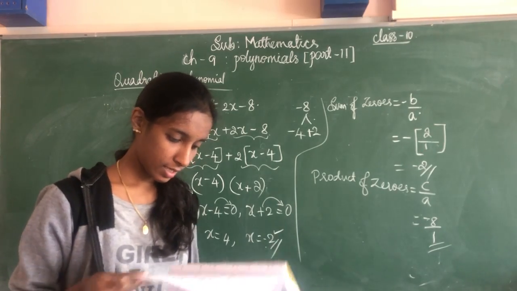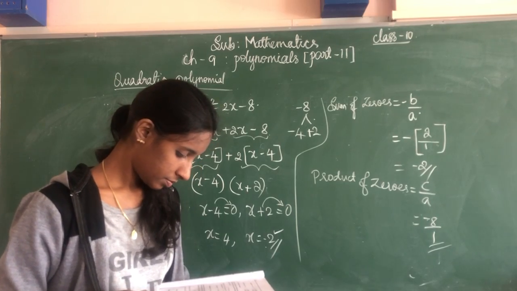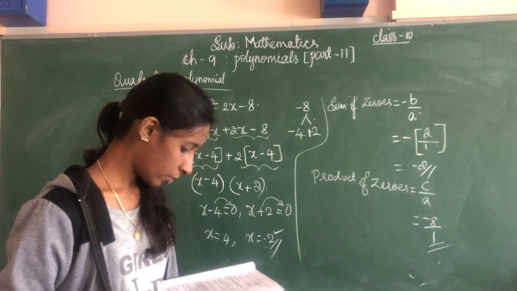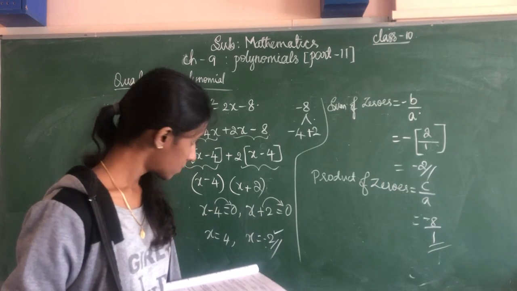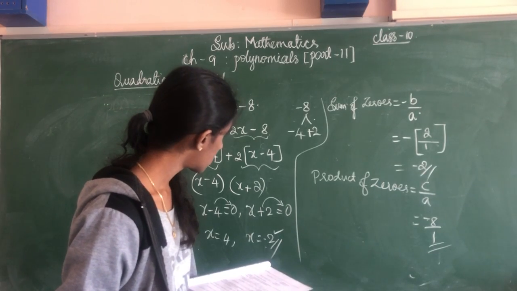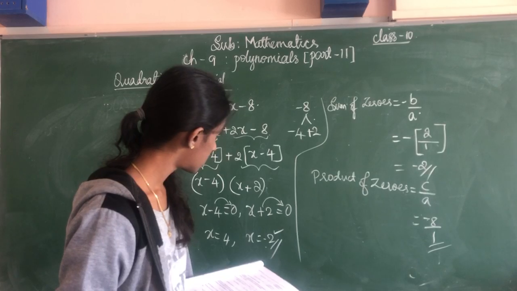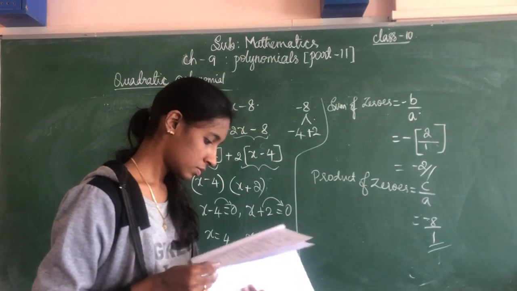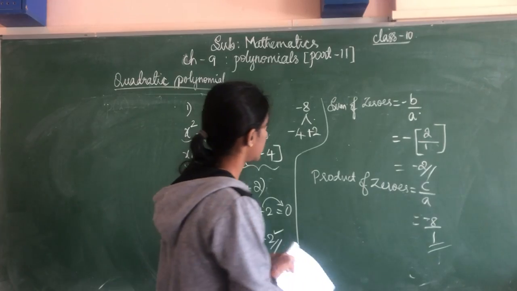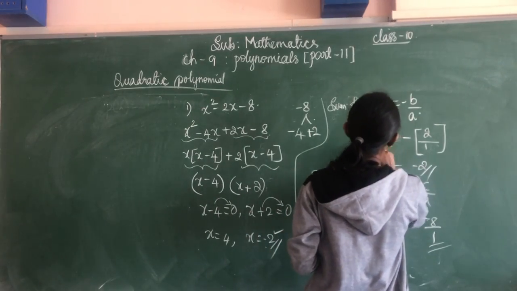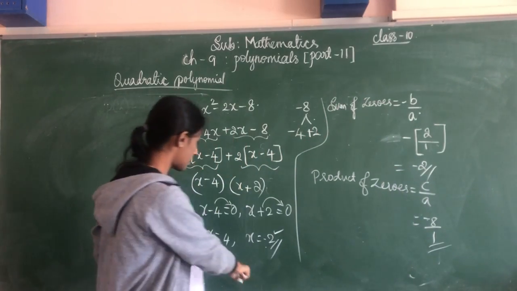Let us look at one example. Constant term divided by coefficient of x squared. Sorry, that is a mistake. Sum of zeros means whatever the answer that you have got.